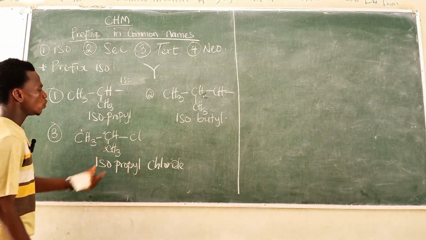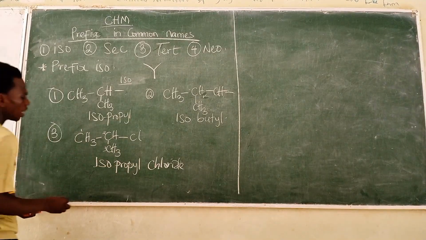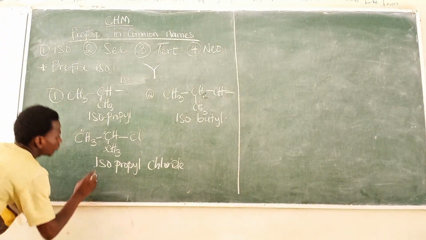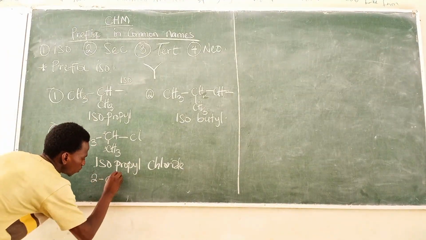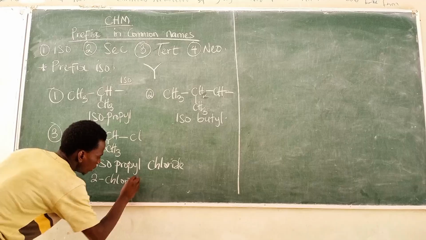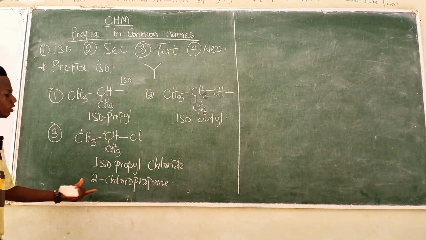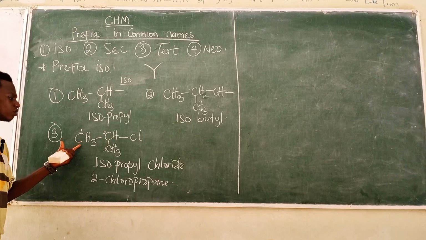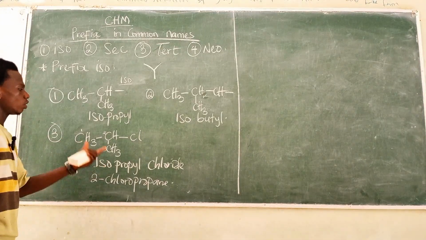Now, on carbon 2, you have a chlorine atom attached. So the IUPAC name of this particular compound becomes 2-chloropropane. But the common name is isopropyl chloride.